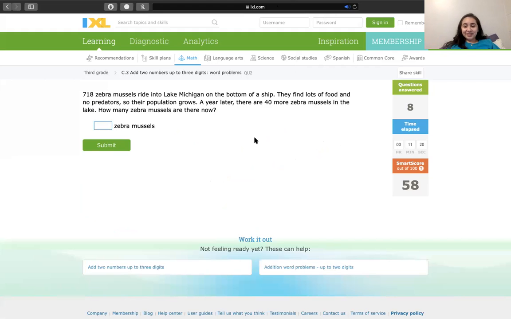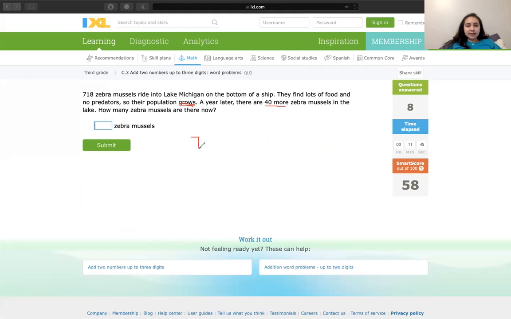Okay, so this one I'm going to read it carefully. 718 zebra mussels ride into Lake Michigan on the bottom of a ship. They find lots of food and no predators, so their population grows. A year later, there are 40 more zebra mussels in the lake. How many zebra mussels are there now?